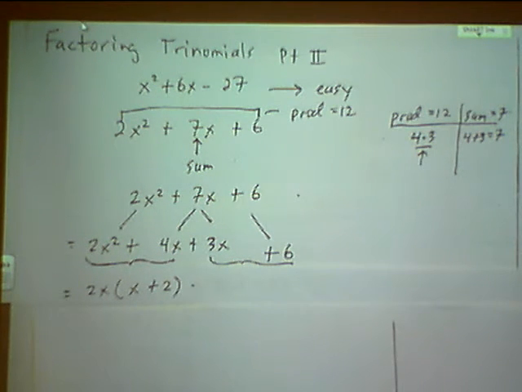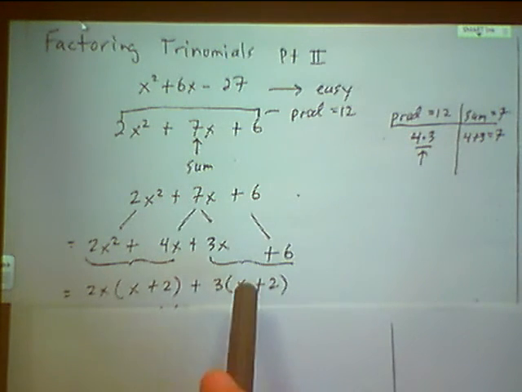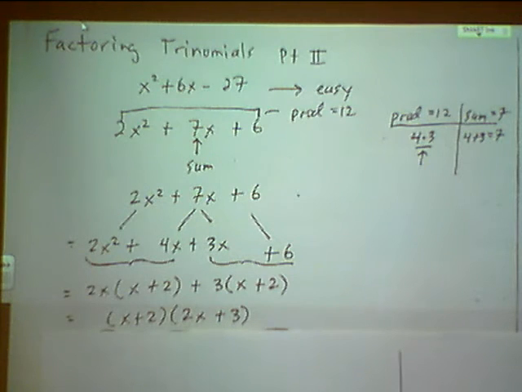I see the GCF is 3. So I factor out the 3, and then I have 3 times x plus 2. And now we know the factor by grouping is working because I have identical parentheses here. So you factor out the whole parenthesis, the x plus 2, and then in the second parenthesis you have 2x plus 3. And now we have factored this trinomial.